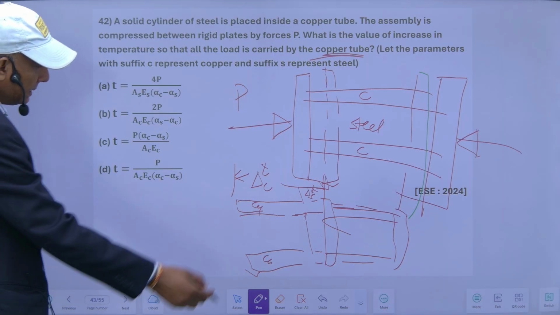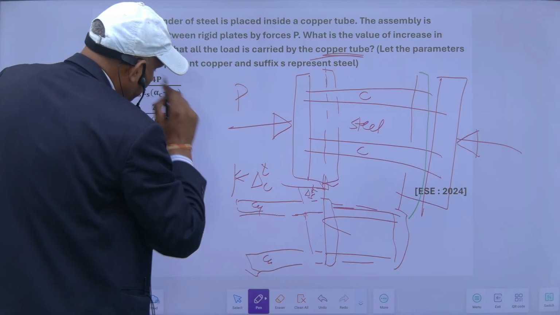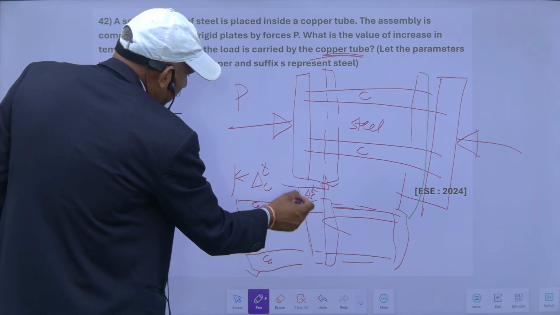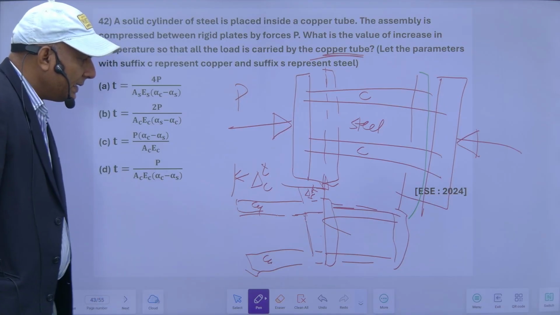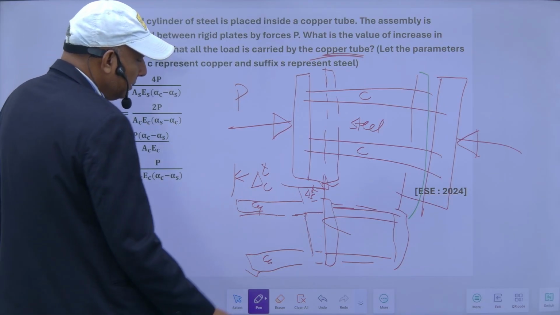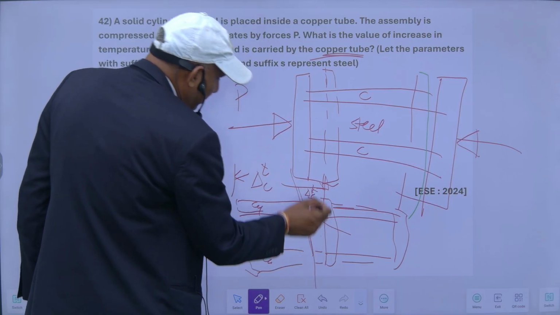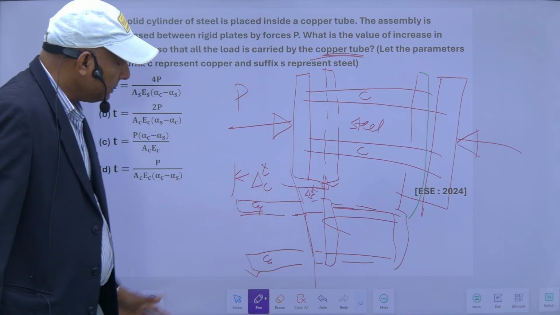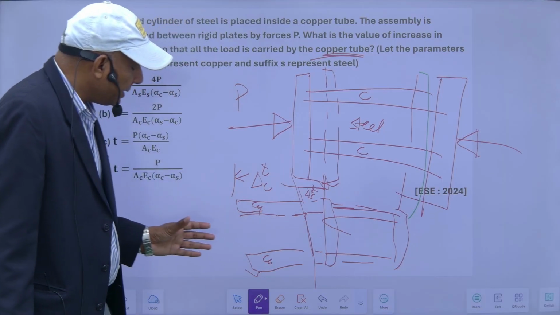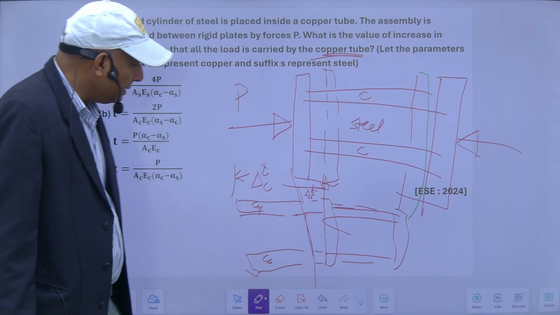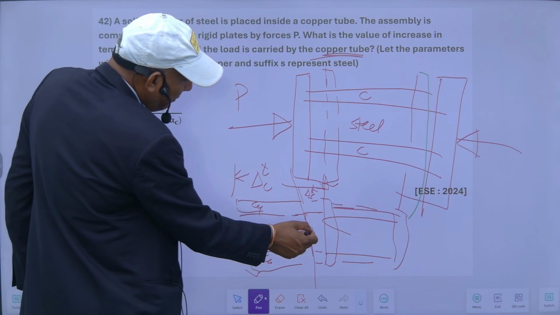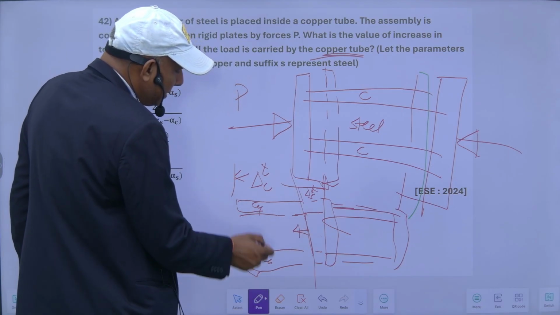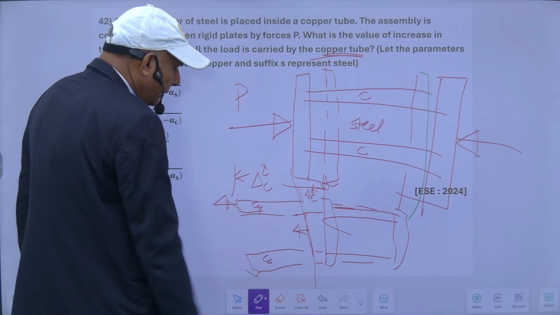So in this case, if steel is not taking any load, it means this is the final position. Otherwise, tensile forces would have been developed in the steel and compressive forces in the copper.